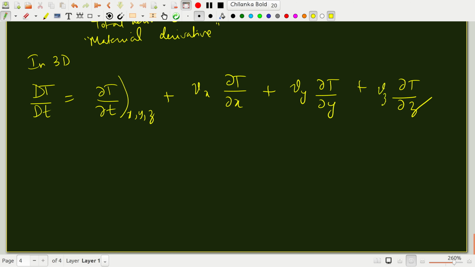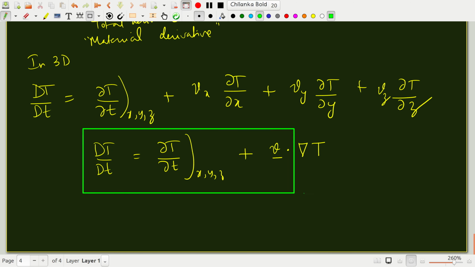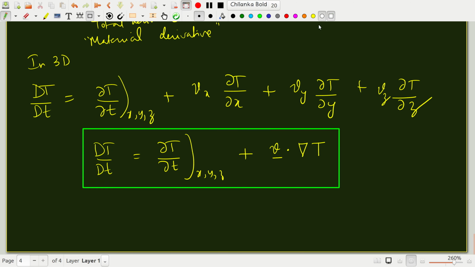Now this can also be written as partial T partial time at x, y, z plus, if you know a little bit of vector calculus, v dot grad T. Let me box this for you. Again, this is called the substantial derivative.